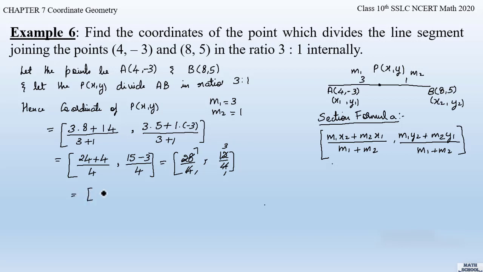Therefore we get (7, 3) as the x and y values. So you can write down that (7, 3) is the required coordinates of the point which divides the line segment joining the points (4, -3) and (8, 5) in the ratio 3:1. So this is how we solve this example 6.